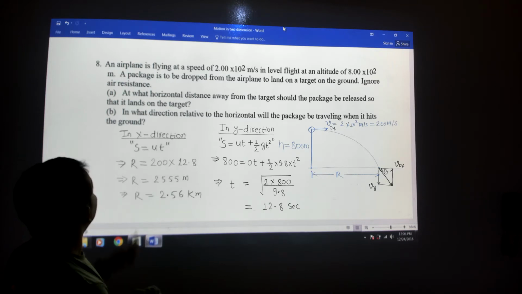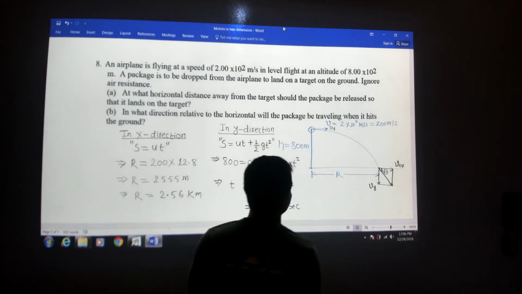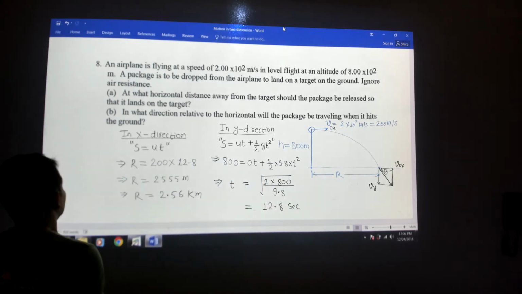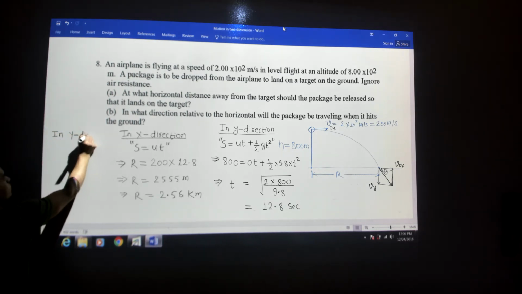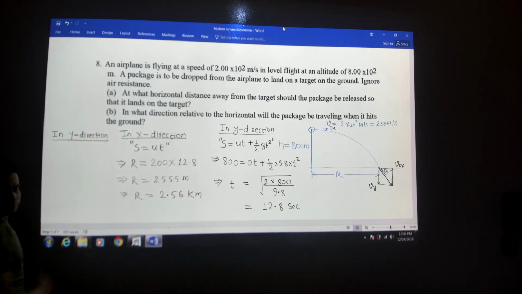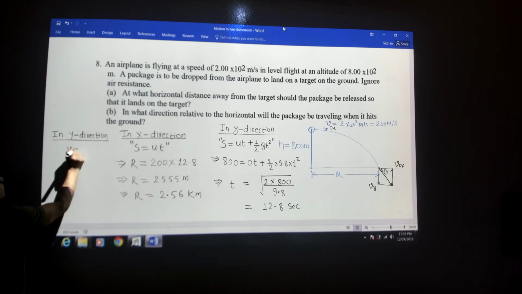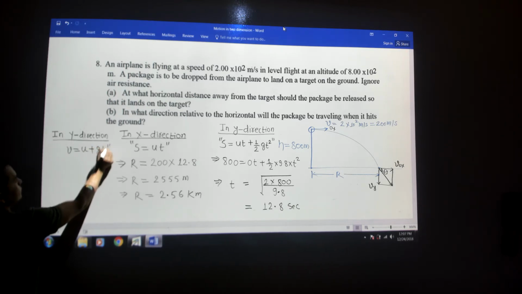Now we have to find the vertical velocity. Again, we're coming back to the y direction. Along the y direction, we're going to use v equals u plus g times t.